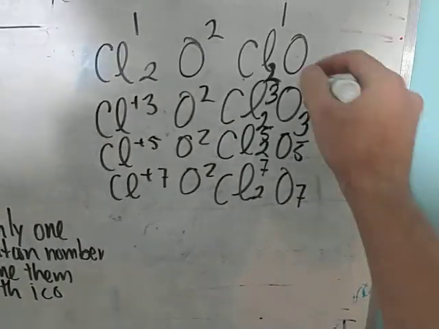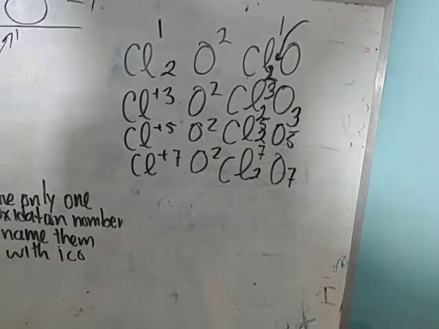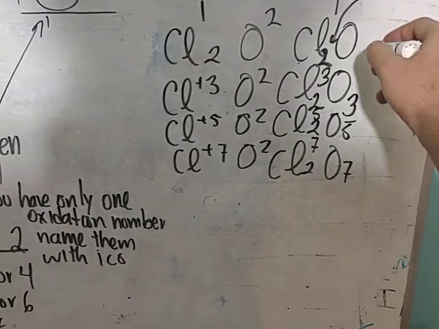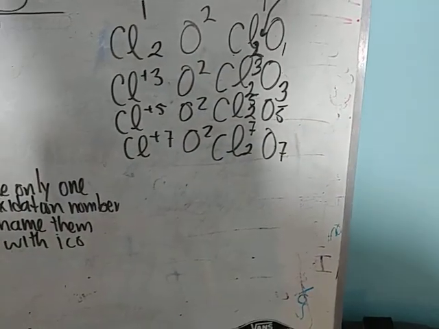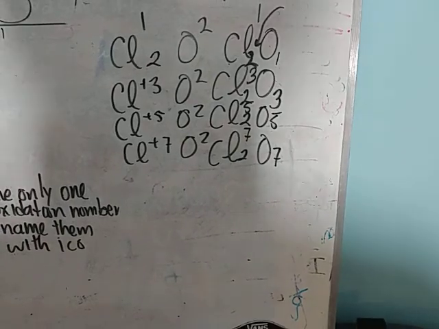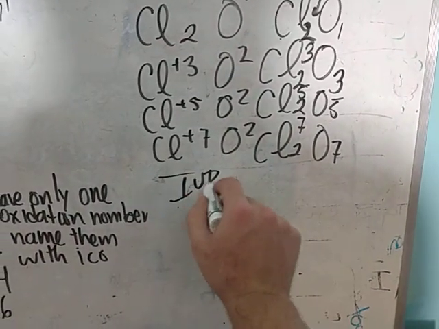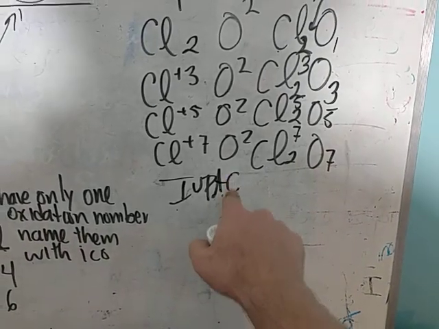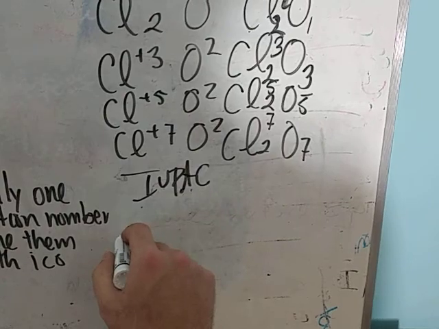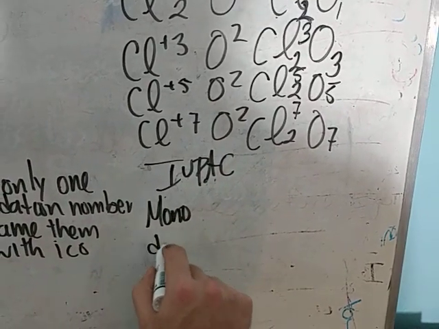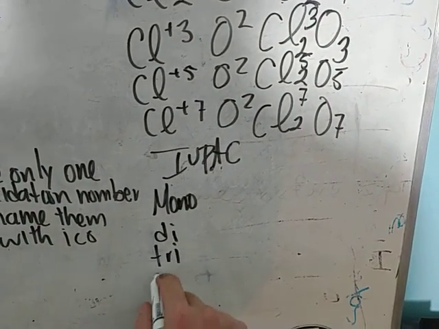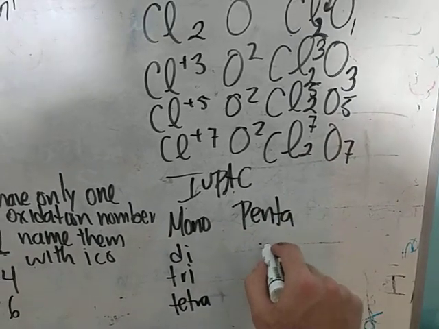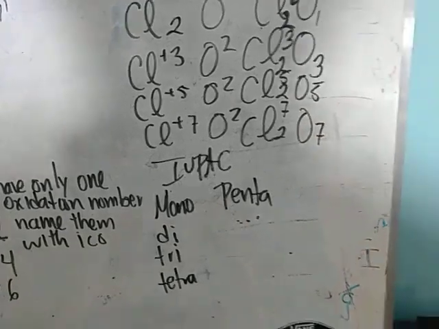If we don't want to work with this form, we also have the option to name according to the number of molecules that we have. In this case, how many molecules of oxygen do I have? I have 1. This one is the IUPAC form. The IUPAC is the one where we use the terms mono, di, tri, tetra, penta, and we can continue that way.